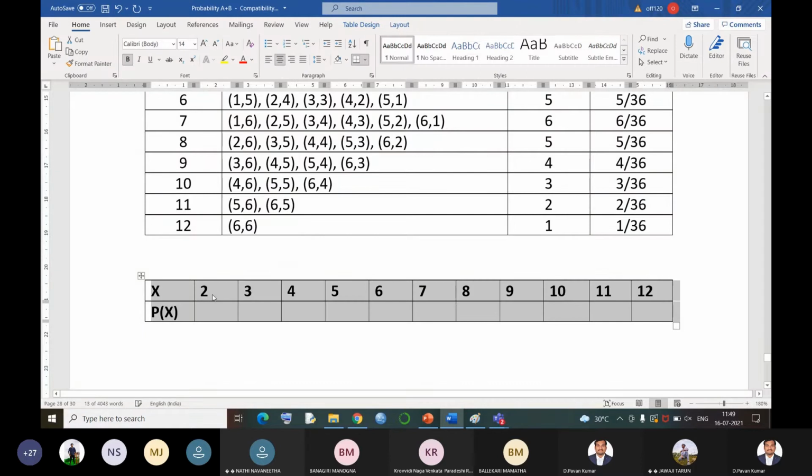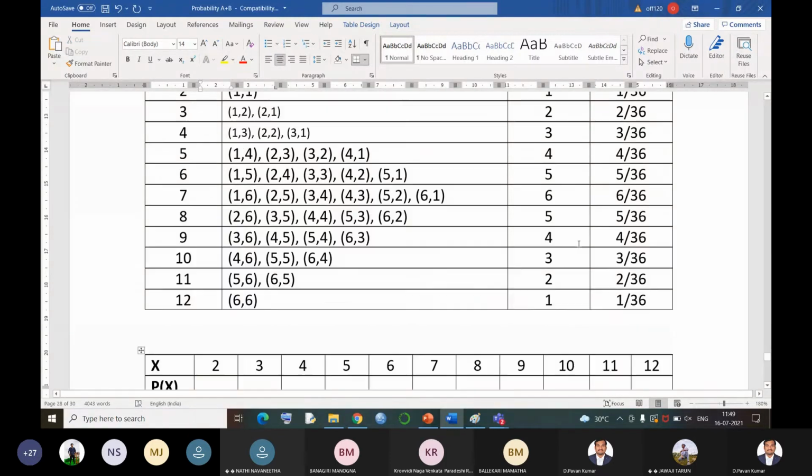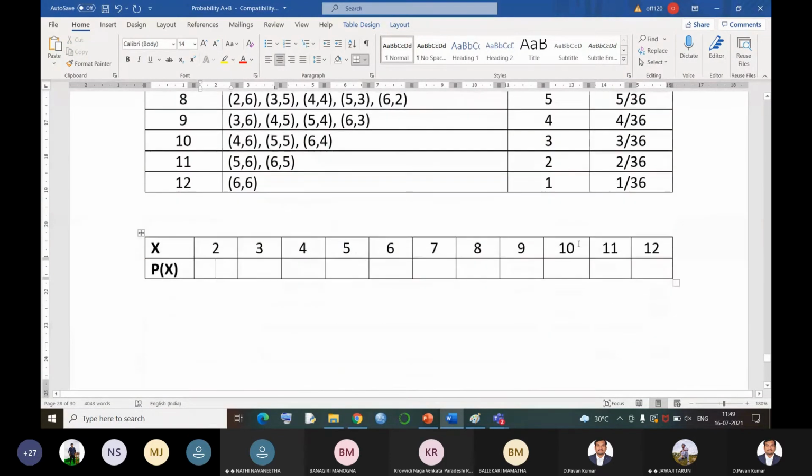Okay. So now let us write down the probabilities of these values. Now the probability of getting sum 2, how much is it? 1 by 36. Next 2 by 36, 3 by 36, 4 by 36, 5 by 36.